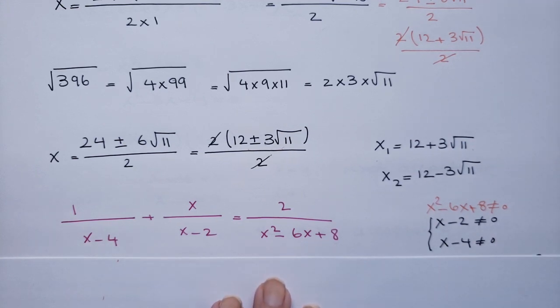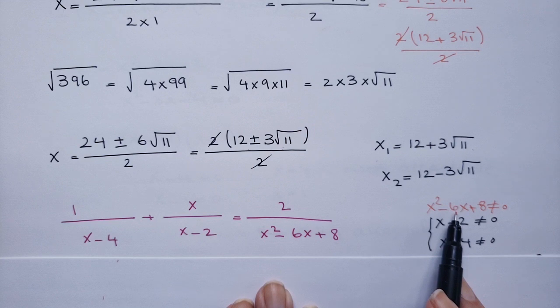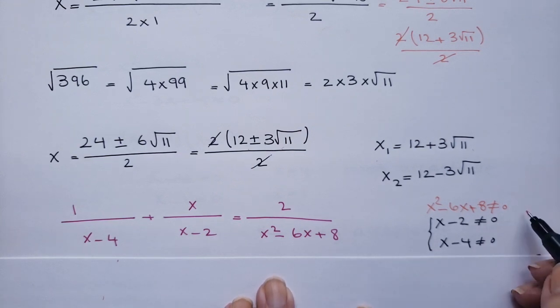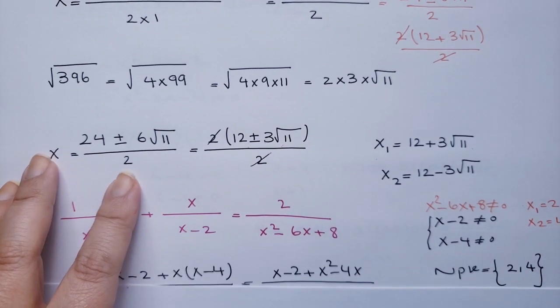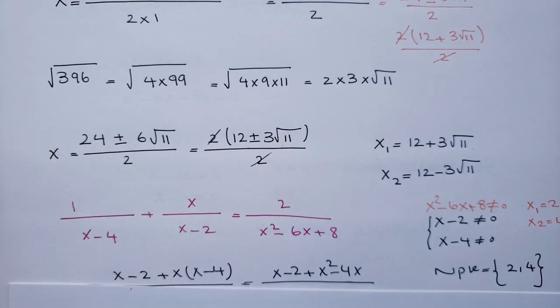But if you look closely, or if you use the quadratic formula to find the values which make this expression 0, which happen to be the roots, the values are exactly 2 and 4. Okay, so the NPV values are 2 and 4.